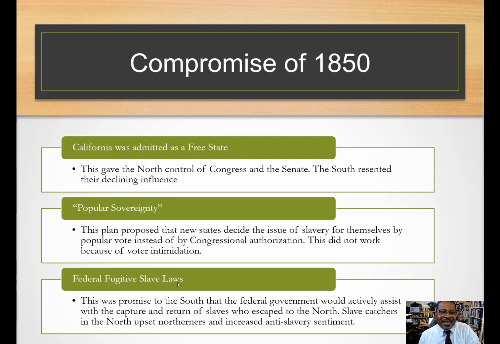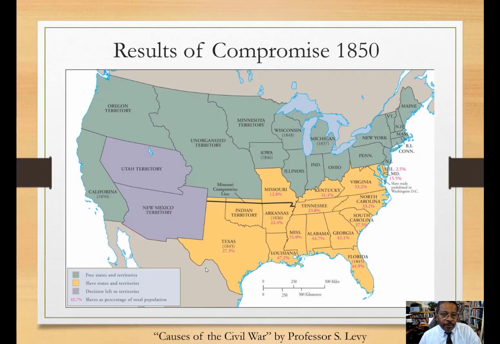The anti-slavery sentiment in the North got even stronger because of this. So if this was supposed to lessen opposition to slavery, it had the opposite consequence, so that more people are opposed to it for moral reasons, and people are opposed to it for economic reasons.